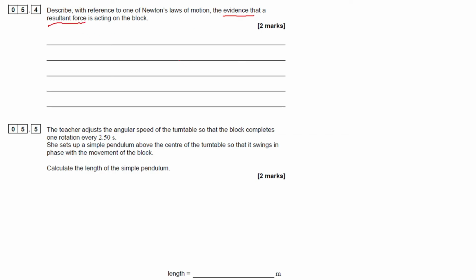So bringing in Newton's laws, for example, starting with Newton's first law, we need to, first of all, remember that the law tells us that if the net force on an object is 0, then there is constant velocity.